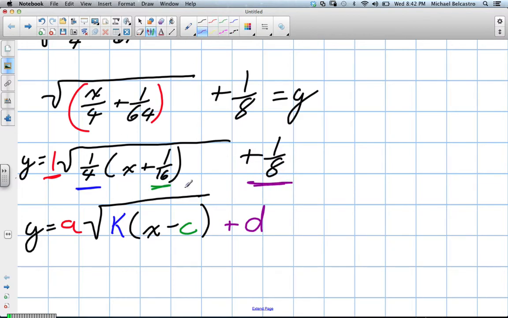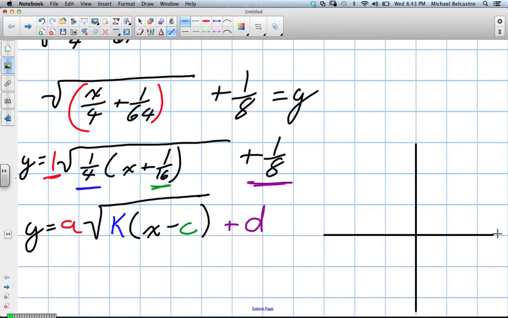So if we were to graph this, because we have 16ths and 8ths, it's a little harder.